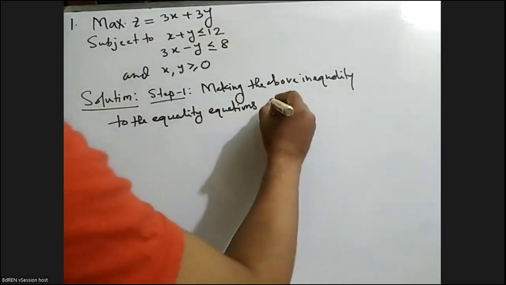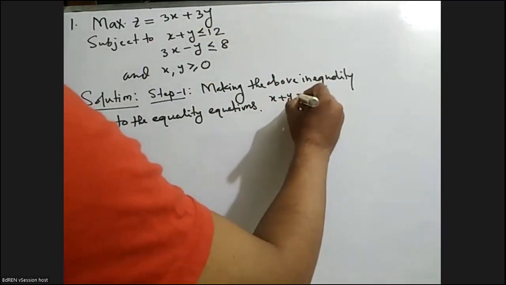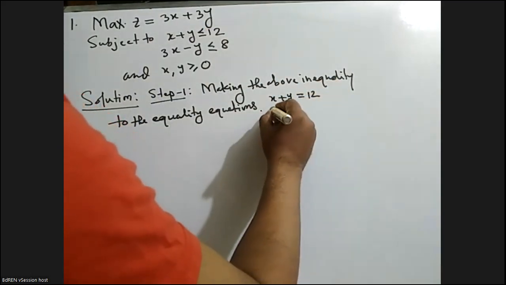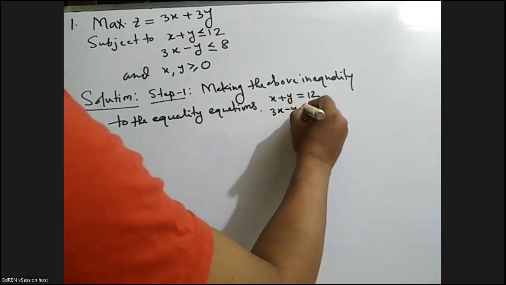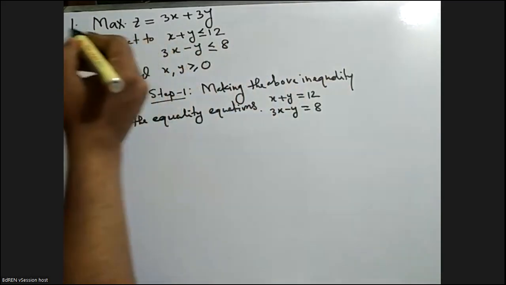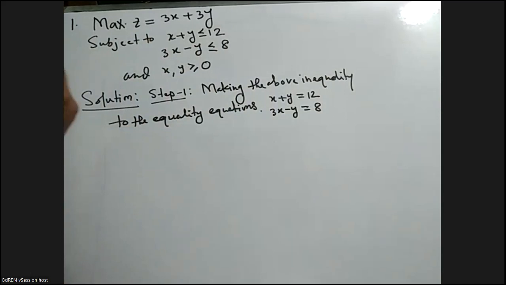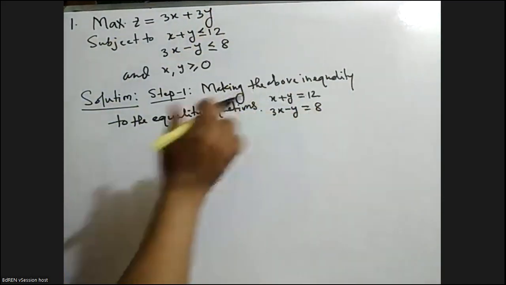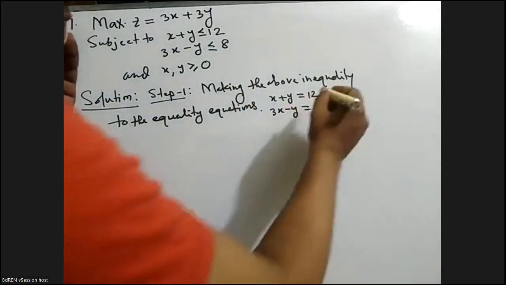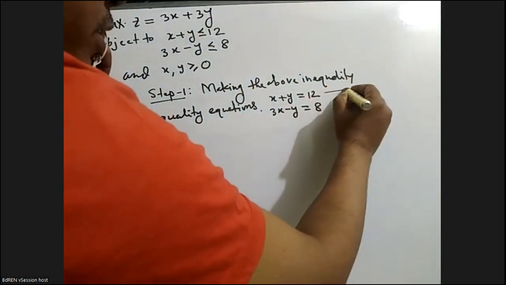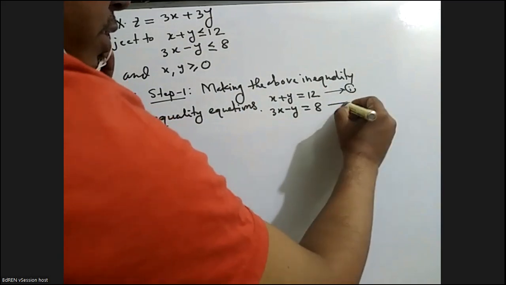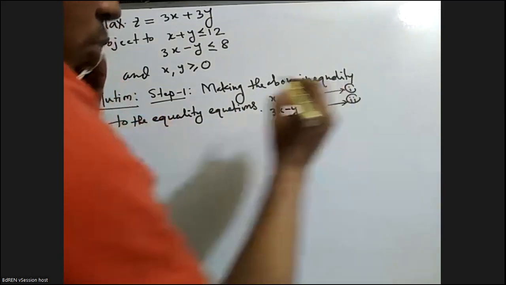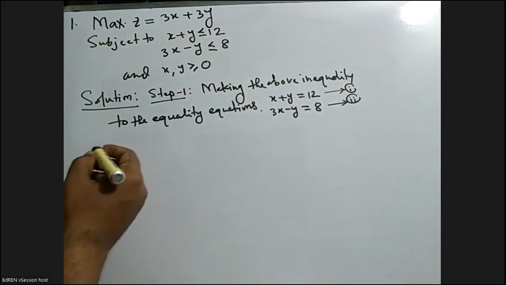We get x plus y equals 12 and thrice x minus y equals 8. Just making these inequalities into equality equations. We give this equation number 1 and this equation number 2.